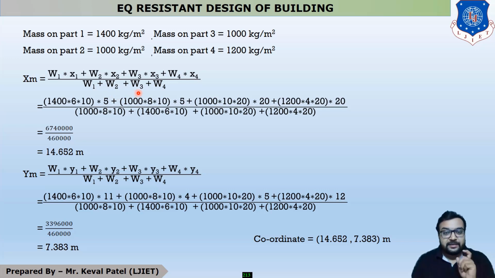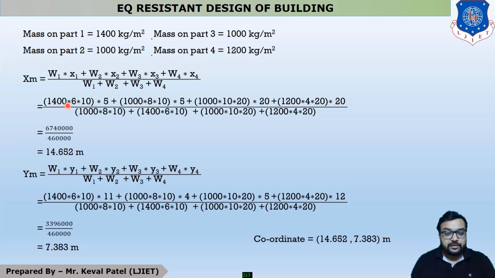Here L means length, but in this type of example you have to consider mass. Mass means weight, denoted by W. So your equation is W1x1 plus W2x2 plus W3x3 plus W4x4, because we have converted the system into four different shapes, divided by W1, W2, W3 and W4. Now W1 is in kg or kilonewton.